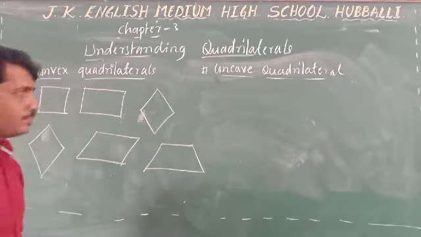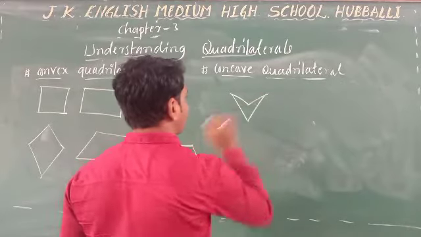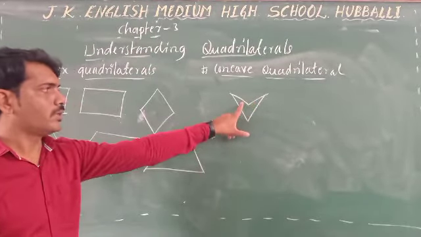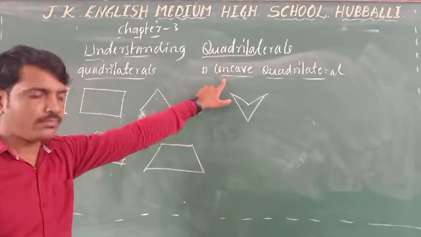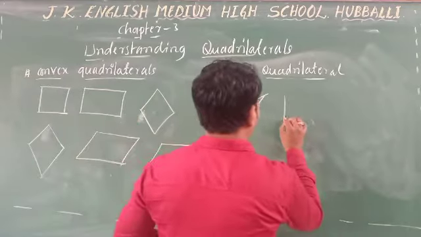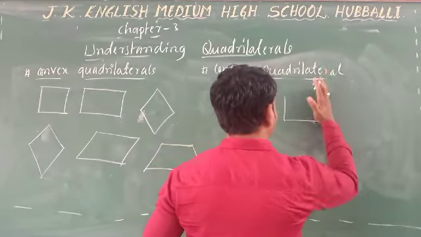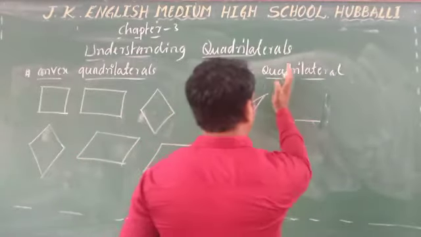Okay, what all these will come? For example, the diagram is like this. Tell me how many sides are there? 1, 2, 3, 4. Quadrilateral. But what type of quadrilateral? Concave quadrilateral. Next. Okay, so this is the first term.